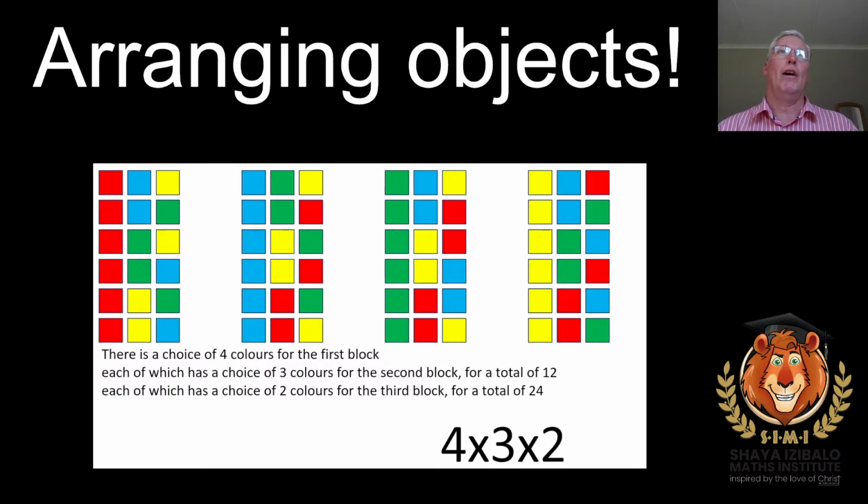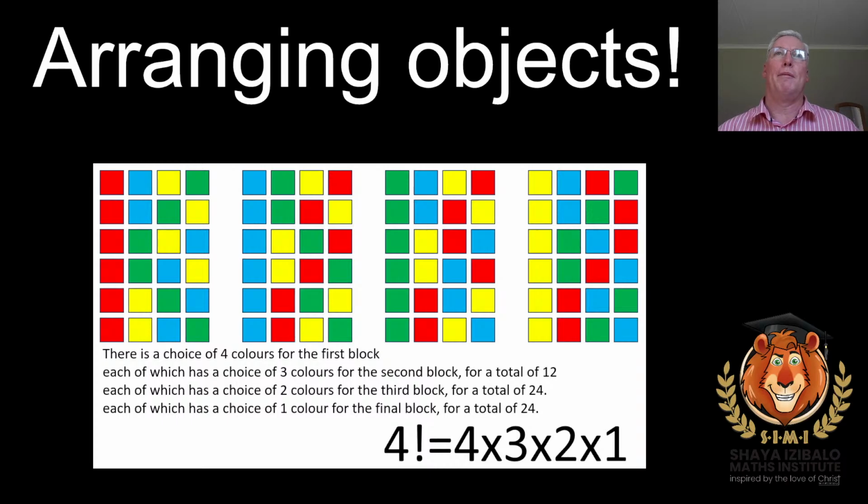For the last block I don't have any choices, because in the top left I've got to put in a green block, and in the bottom right I've got to put in a blue block. So it's going to be 4 times 3 times 2 times 1. If we've got 4 different objects, then we can arrange them in 4 factorial ways. That 4 with an exclamation mark is not 4, it's 4 times 3 times 2 times 1.